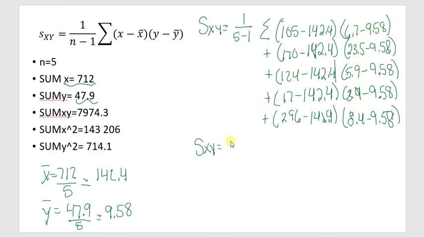And then we're going to subtract the 9.58. So what we have right now is 1 over 4, and then we're going to multiply it by the sum of all of these. I'm going to put 2 into my calculator at once. So first I'm going to put these 2 in my calculator. I get 107.712. Then the next 2, I get 384.192.